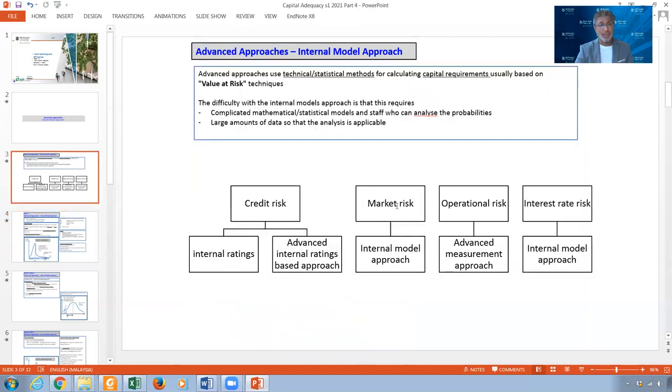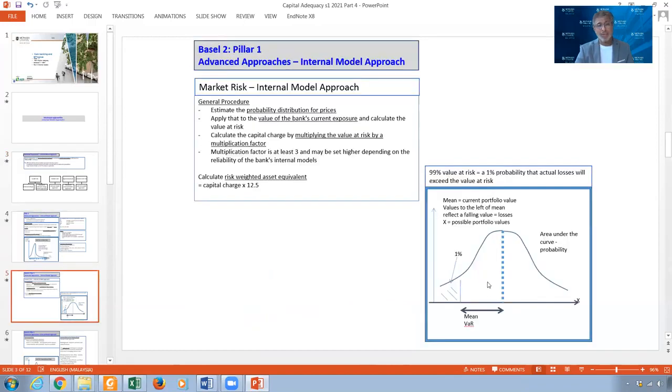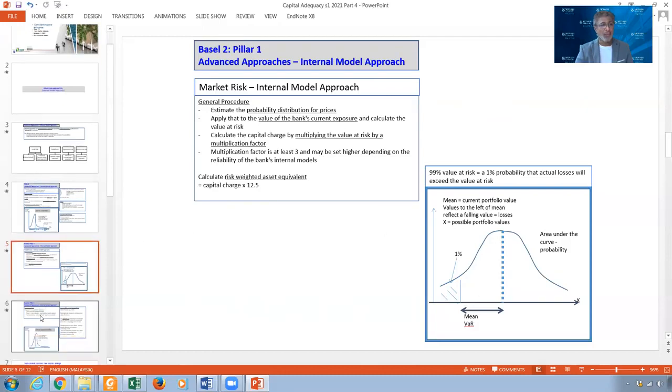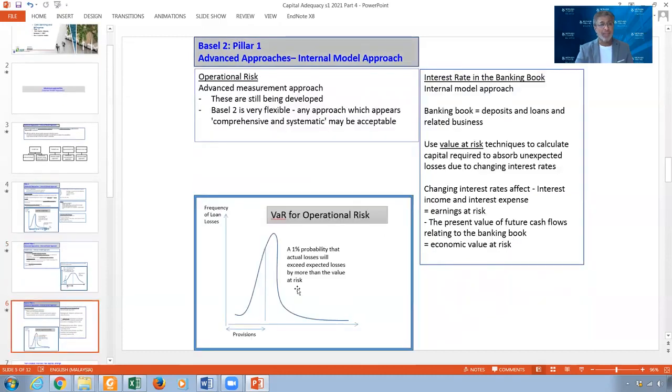Now, if you look at the market risk, for which we use the internal model approach, as you can see, it's very easy. If you have the prices here, and this is the VAR, which is the decrease in the value, and this is 1%, you just calculate this, and this is the market risk. Operational risk is the same thing.